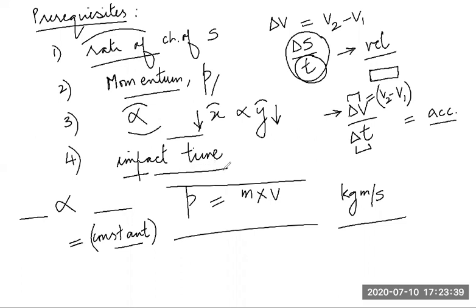What is impact time? I'll very quickly mention. Let's say there are two cases. Number one, there is a cement which is dry, and on the other hand, we have a cement which is wet. Now, after mixing with water, the cement has dried up after 3 or 4 days, so it will act really as a stone.